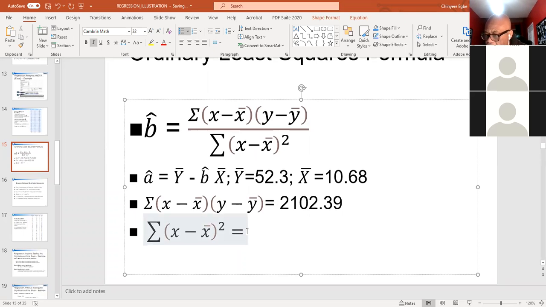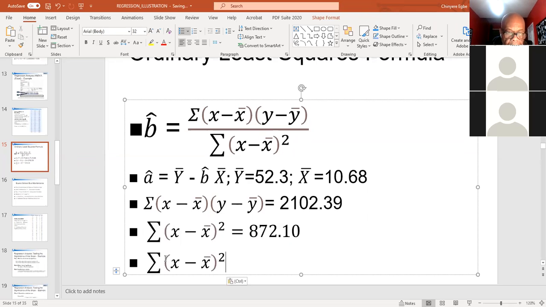And the sum of X minus X bar squared is 872.10. And then we're going to get the sum of Y minus Y bar squared. I'm going to change this.